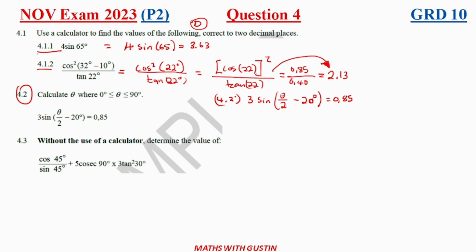0.85. Okay, so now you are looking at this sine. Everything that is in the bracket here is going to be affected by sine. So what do we do? We have to divide by 3. Don't be confused and take minus 20 to that side.